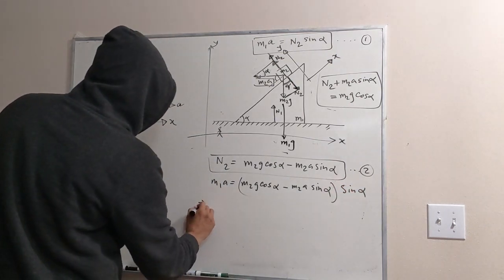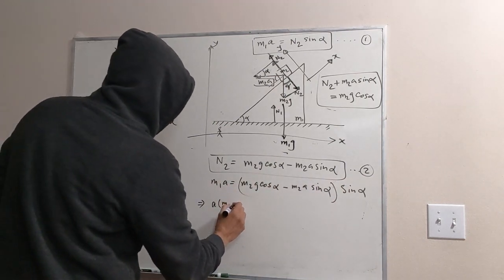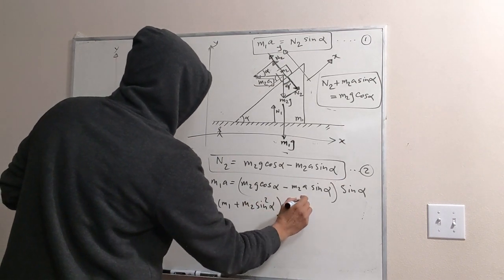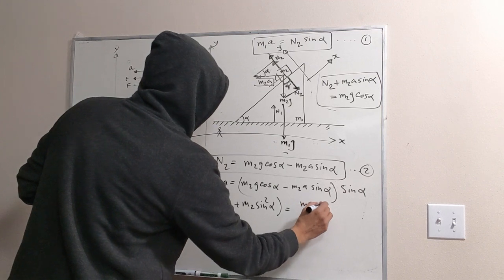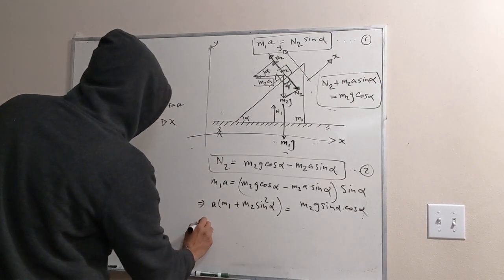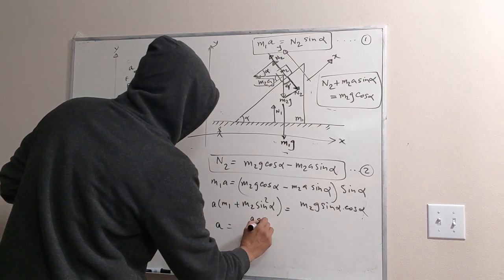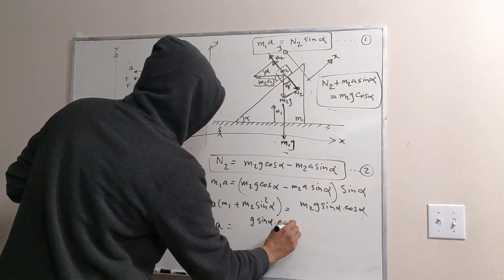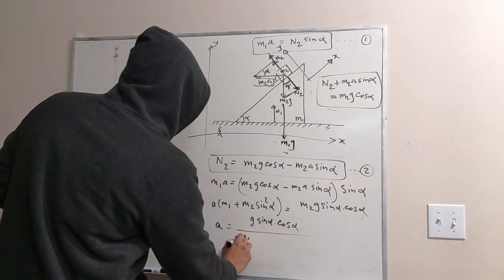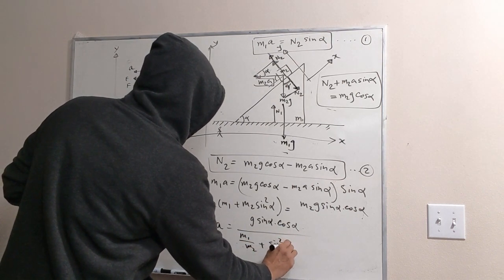Now do a little bit of manipulation. You see A, M1. This term will come to this side. You will see M2 sin square alpha is equal to M2G sin alpha cos alpha. Now if you do a little bit of manipulation, then your A will become G sin alpha cos alpha divided by M1 by M2 plus sin square alpha.